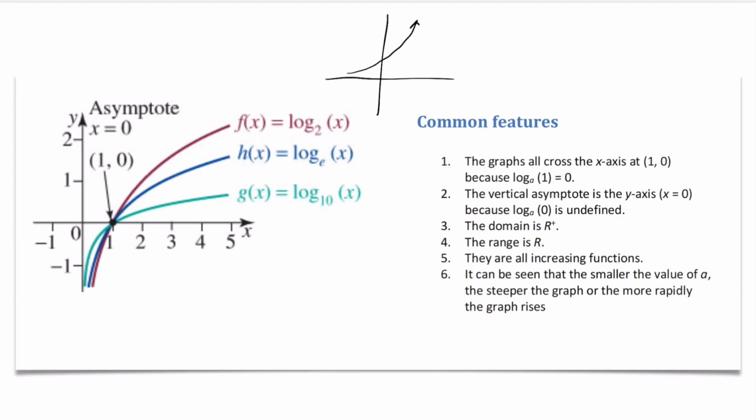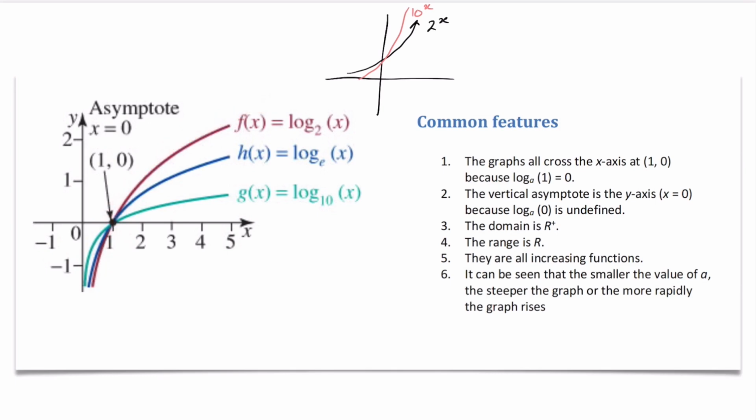So if this was 2 to the power of x, then 10 to the power of x might look like this. So it's steeper. So once again, it's the opposite in this case. The larger the base is, the slower it's going to grow. So you can see here, our 10 grows slower compared to 2. So it's always about the opposites.